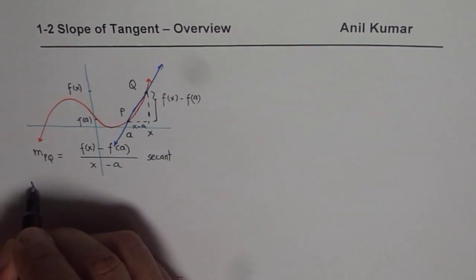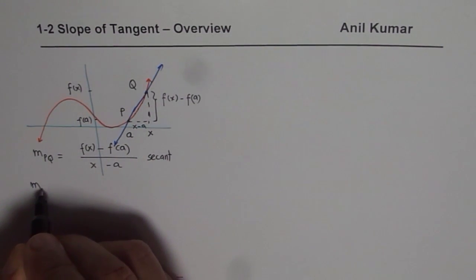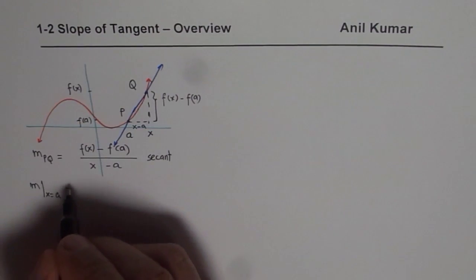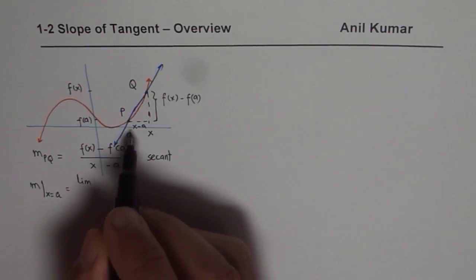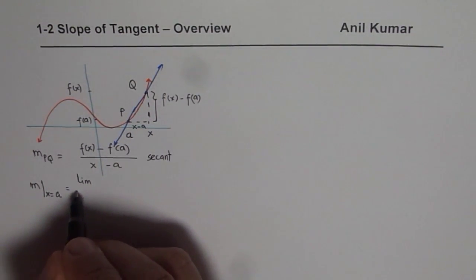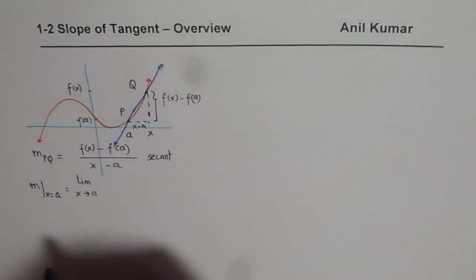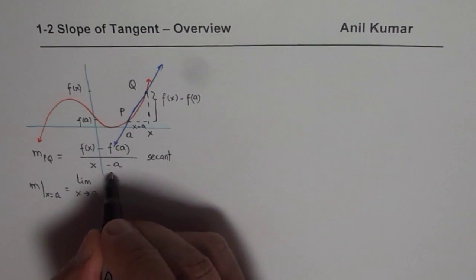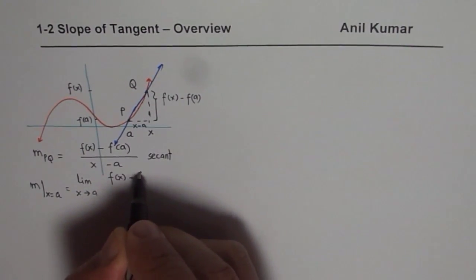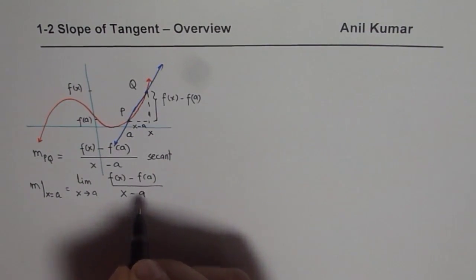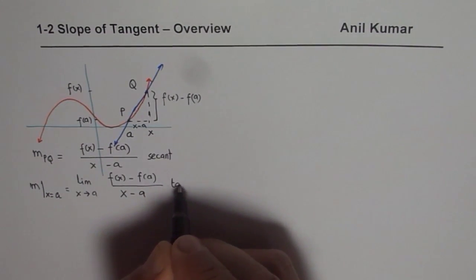So we say that the slope of the tangent at x equals A is the limiting value when x is approaching A. Do you see? When x is coming very, very close to A. We could write the same equation, f of x minus f of A divided by x minus A, and that becomes the slope of the tangent.